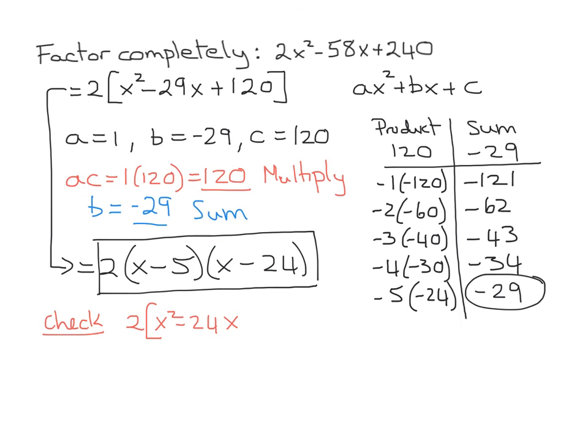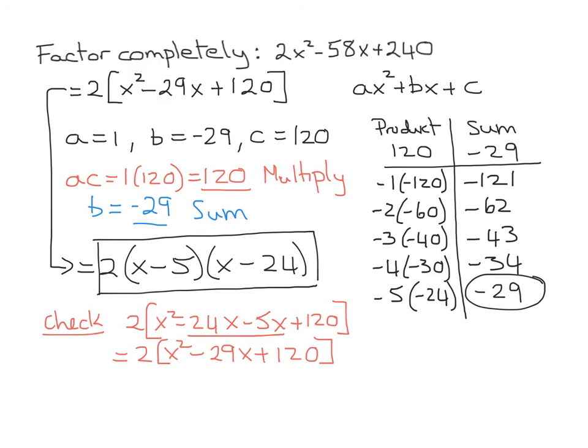Negative 5 times x is negative 5x. And lastly, negative 5 times negative 24 is positive 120. So I'm going to have 2 times x squared, adding the middle two terms, minus 29x plus 120.